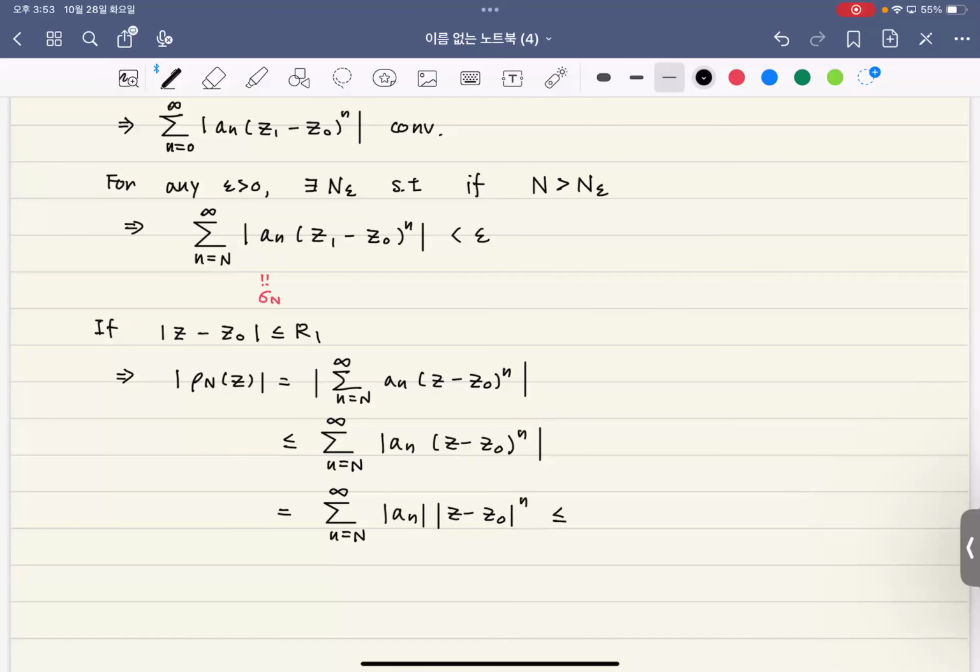But what if I replace this term by z1? We're comparing this and that.